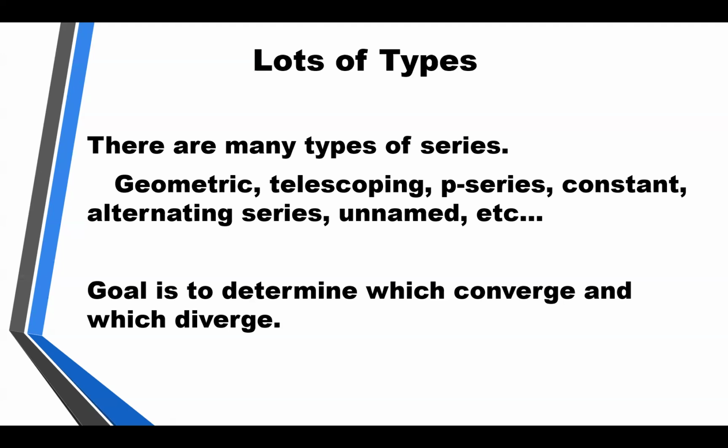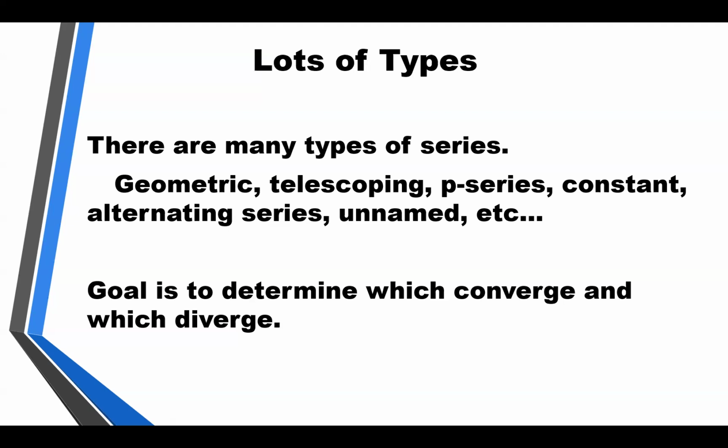And our goal in some of the next few sections is going to be to determine when series converge and when series diverge. We've already seen that for the geometric series, but we'll also look at that for p-series, for constants.